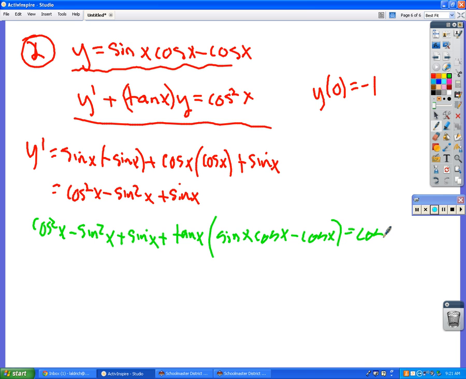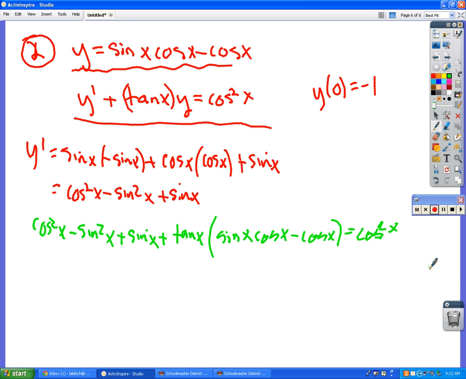So when we simplify that, we want it to equal cosine squared of x. That's a large amount of stuff. But I feel pretty good about it.